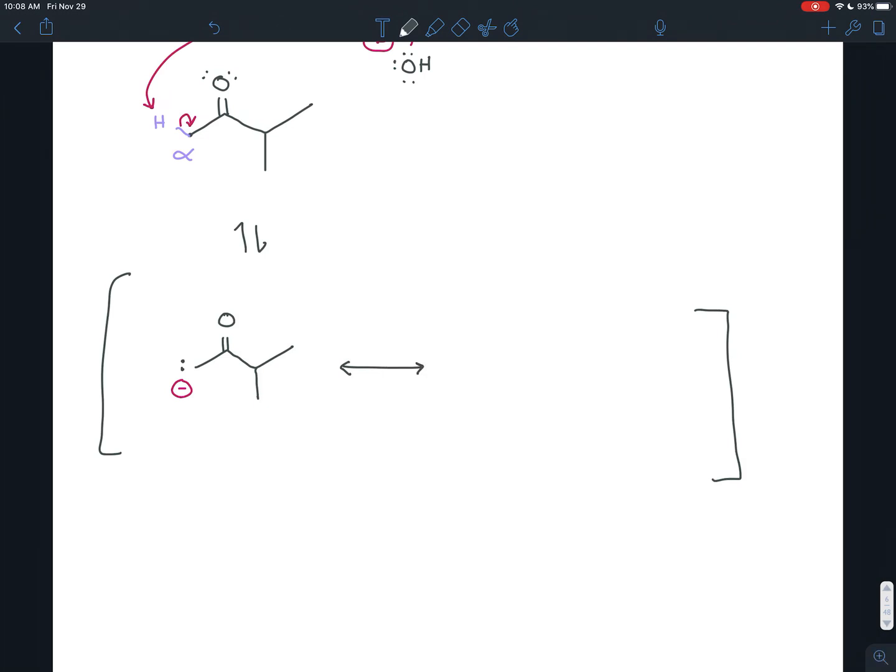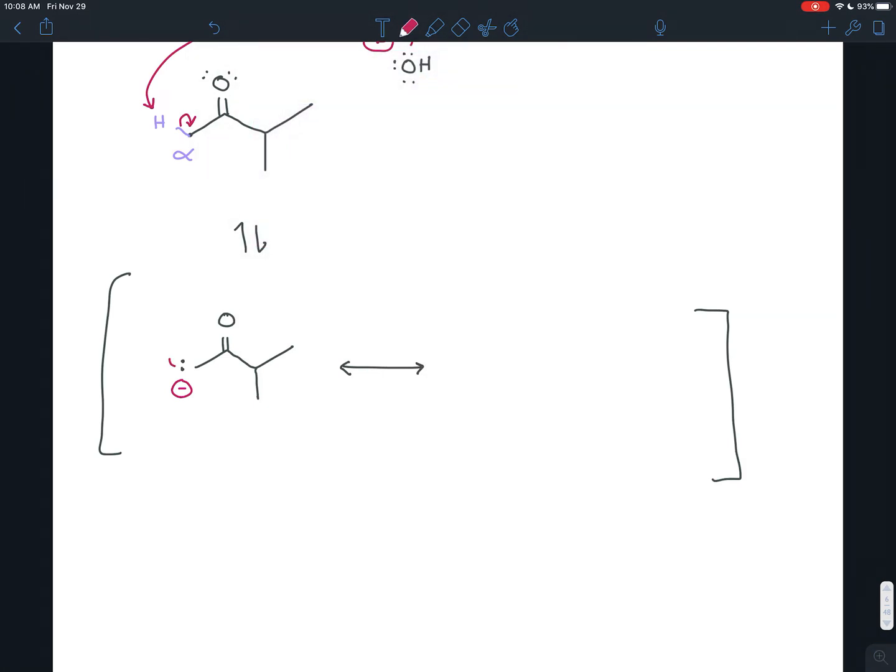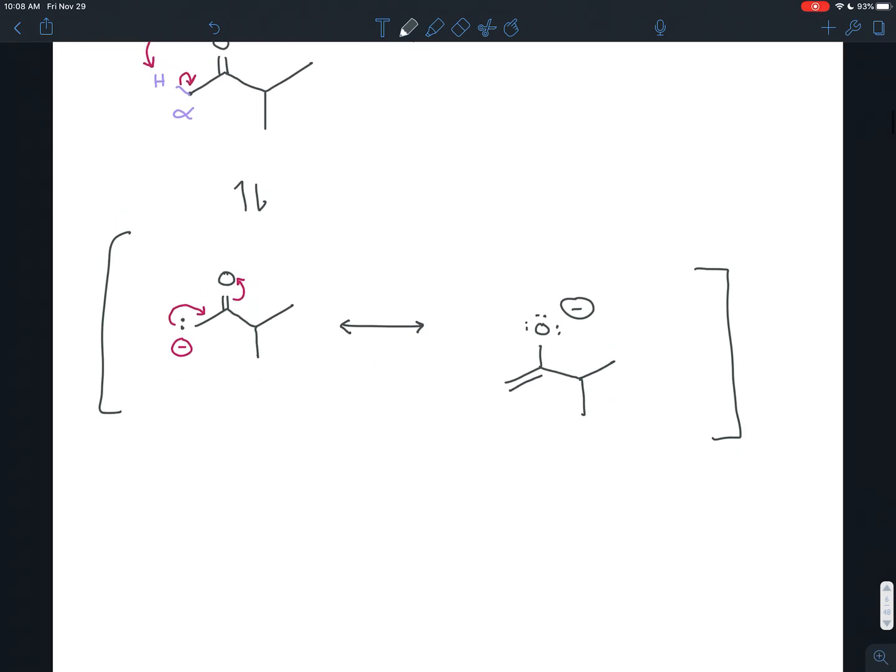So you draw brackets and the special resonance arrow, and when you have an allylic lone pair, to draw the other resonance structure, you move the lone pair to create a new pi bond, and you break the pi bond to create a new lone pair. So the other resonance structure here would be this one, and so we have our enolate.